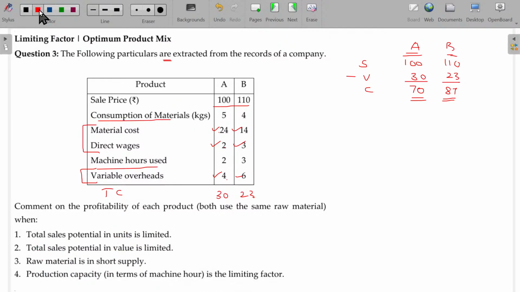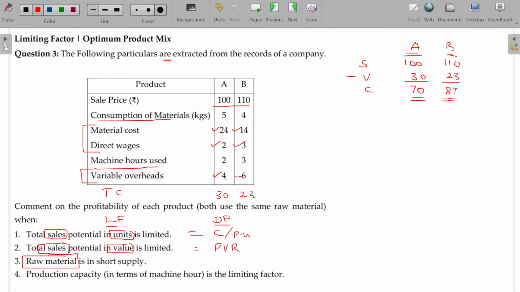So, for this deciding factor: if the limiting factor is sales in units, the deciding factor is contribution per unit. If sales in value is the limiting factor, PVR is the deciding factor.